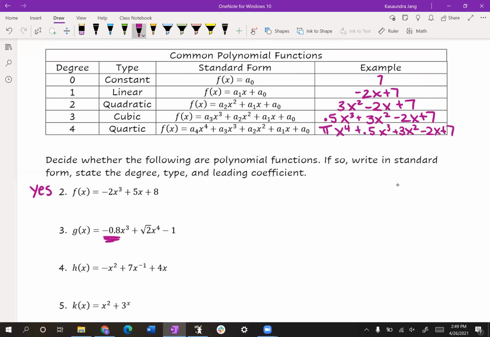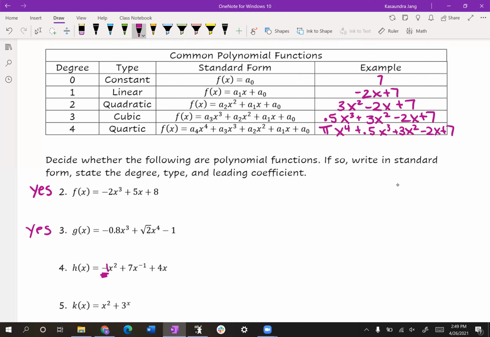I do see a messy coefficient, but that's okay. I can have messy coefficients as long as they're real numbers. So those actually are all real numbers, that's fine. My exponents have to be nice, pretty whole numbers, which I think those 3, 4, yeah, those are whole numbers. So yes, that one is also a polynomial. All right, coefficients.